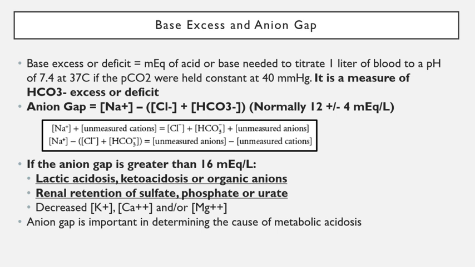So, there's also this anion gap. It's where you have a base excess or deficit, and acid is needed to titrate the acids and bases that are present there. So it's this equilibrium that exists where it's kind of measuring the amount of sodium and chloride relative to total ions in your body, and normally it's around 12 plus or minus 4 milliequivalents per liter.